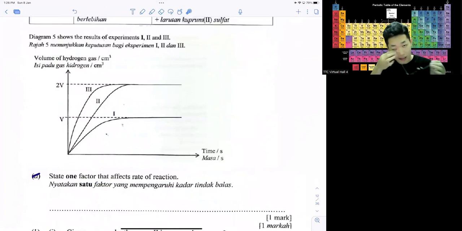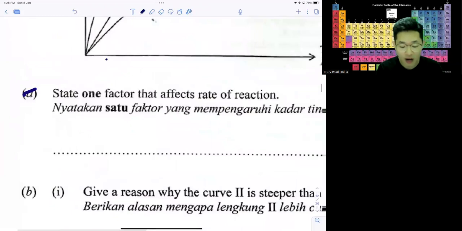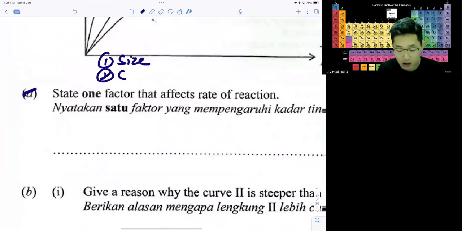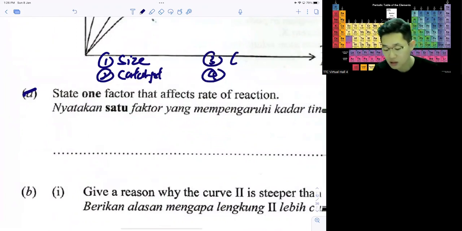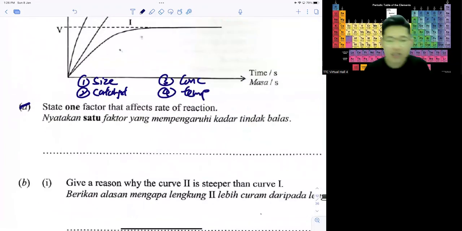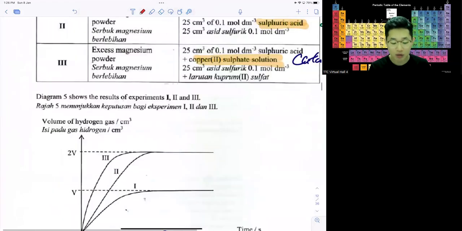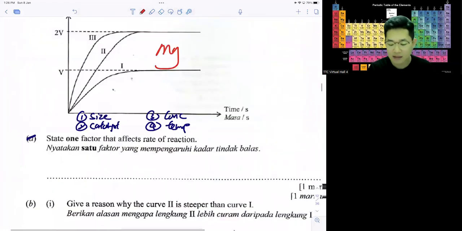One factor, okay. So every time you write factor, factor got 4. It can be size, catalyst, concentration, and temperature. So 怎样知道有什么 factor 是可以用的呢？Okay, you see the reaction. This reaction is the reaction between magnesium and sulfuric acid.